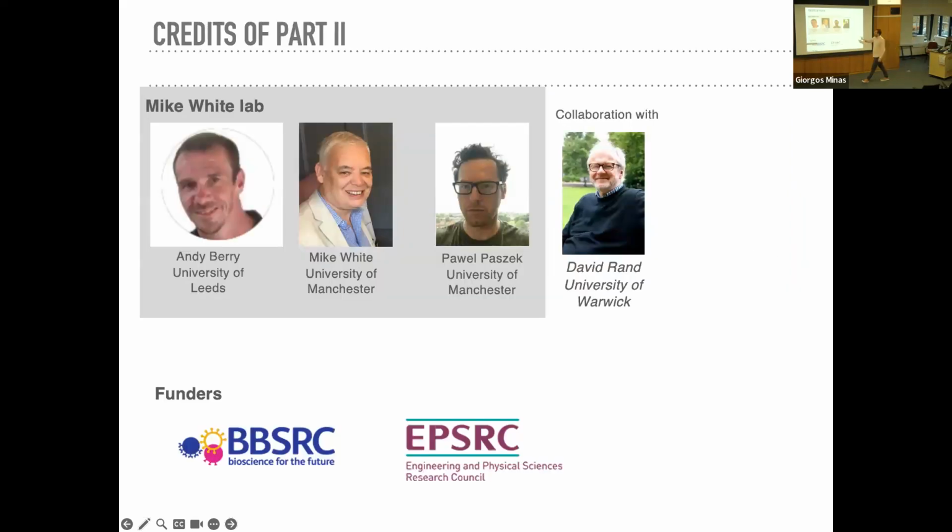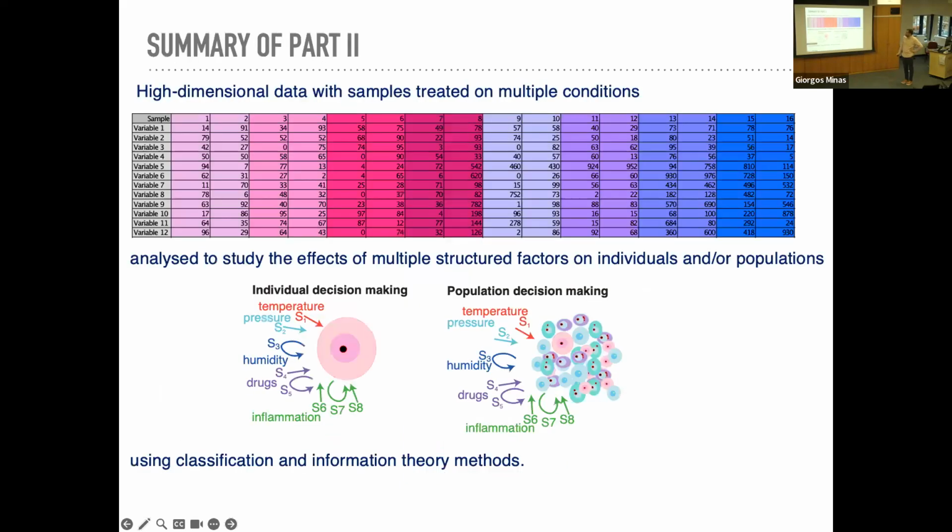So credits to Mike Whiteflat in Manchester, who generated this single cell RNA sequencing data. David Ryan at Warwick helped with analysis and ideas here. So in summary, we use this high-dimensional data with samples treated under multiple conditions. In our case, the temperature and so on, but they could be any kind of interventions.